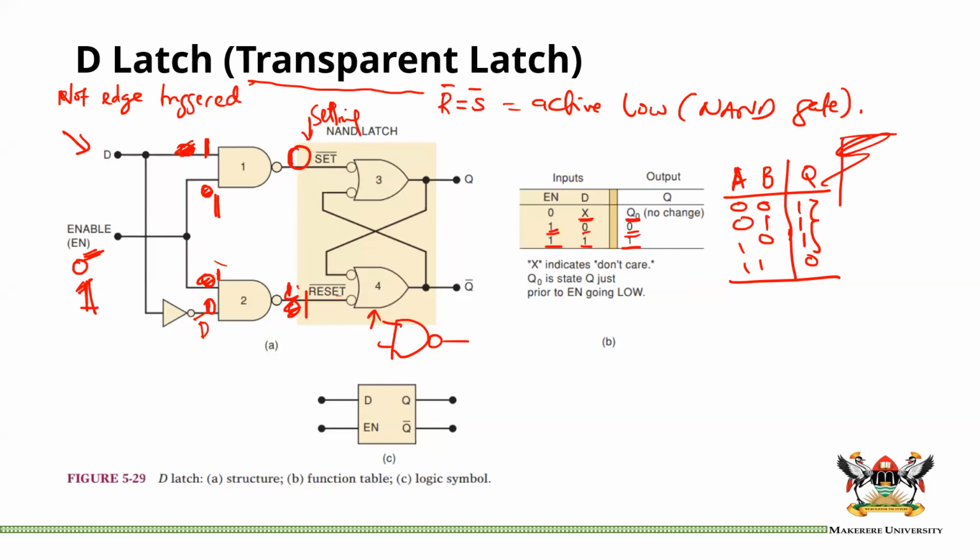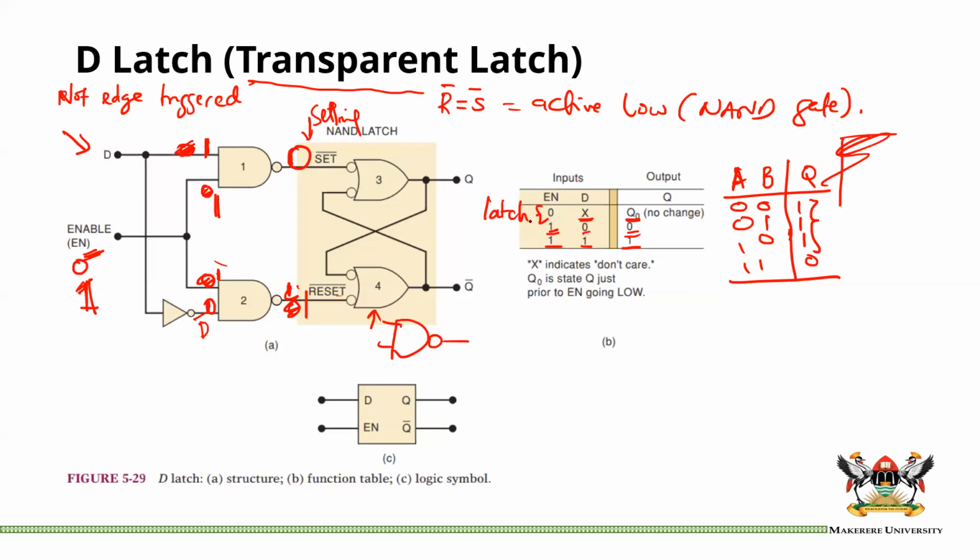So this is called a transparent latch, and this is the reason why. You can see that when enable is 0, we do what we call latch. A latch is like you keep it in that same state.